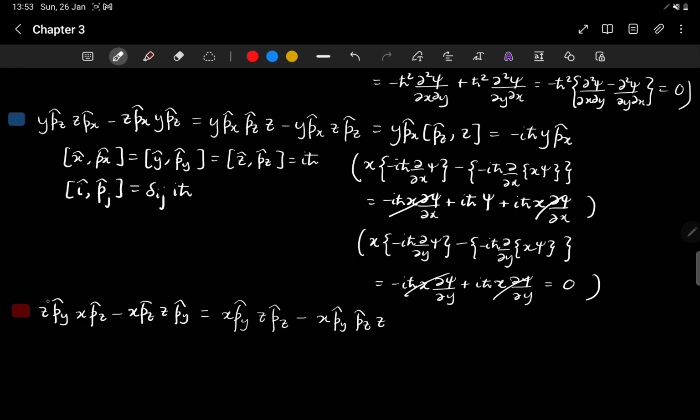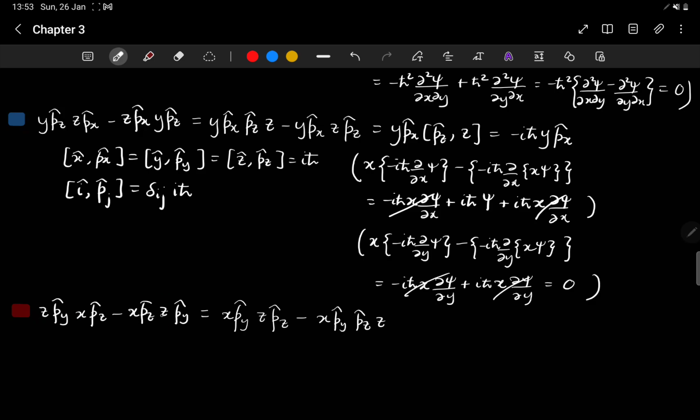So if you look at the first term once again, x commutes with py. So py x and x py are the same. That's how x comes in front of py. And also z commutes with py. So z py and py z is the same. So z can go behind py. So that's how we switched terms over here, and x and z also commute with each other.